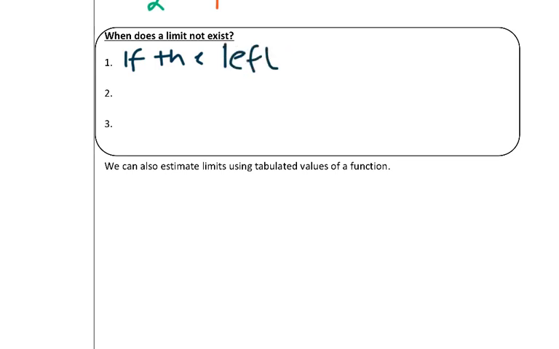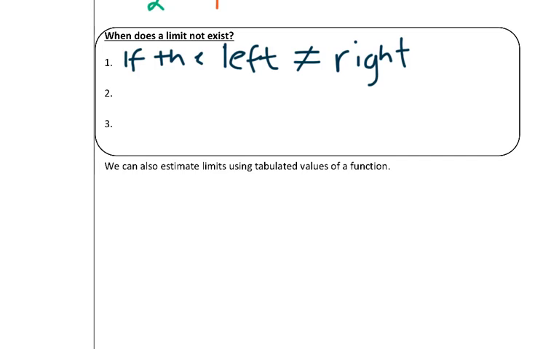If the left side and the right side, now this isn't completely math notation here, but since I write so big on this screen, basically if the left side limit does not equal the right side limit, then the overall limit doesn't exist.